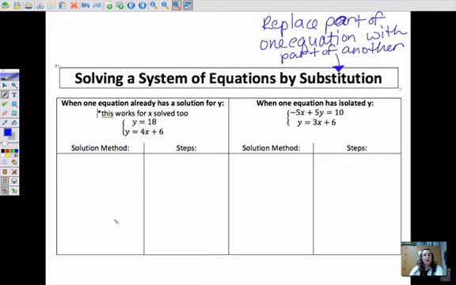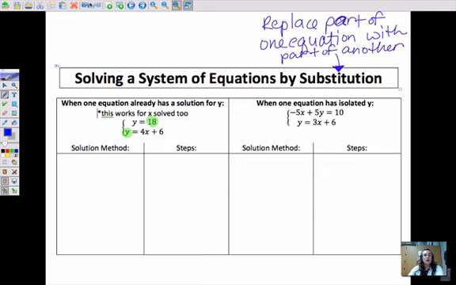All right, now that you've got that written down, we're going to go through a few examples. So, when y equals 18, y also equals 4x plus 6. I'm trying to solve for when these two things are the same. So I'm going to take that y equals 18 and substitute it for y in the second equation. Okay?